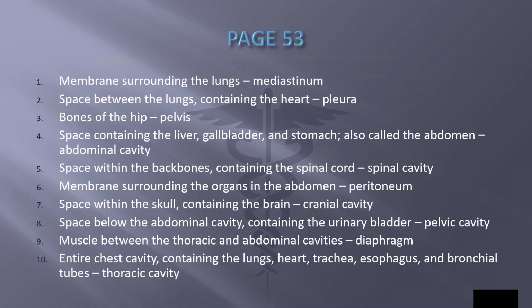Number 3, bones of the hip is the pelvis. Number 4, the space containing the liver, gallbladder, and stomach, also called the abdomen, is the abdominal cavity. Number 5, the space within the spinal column or backbones containing the spinal cord. This is our spinal cavity.